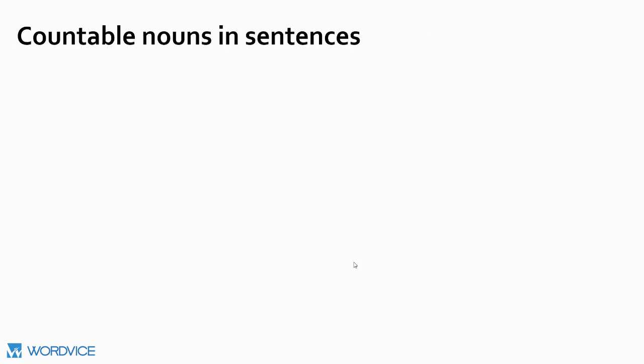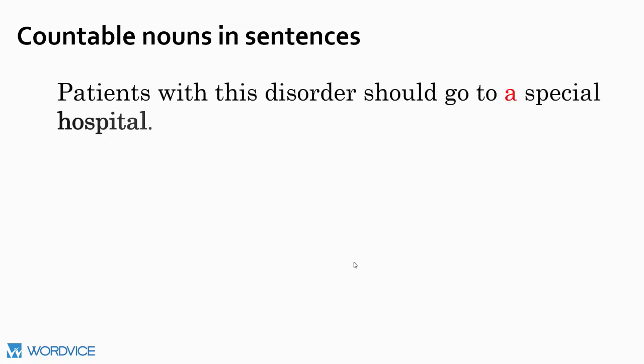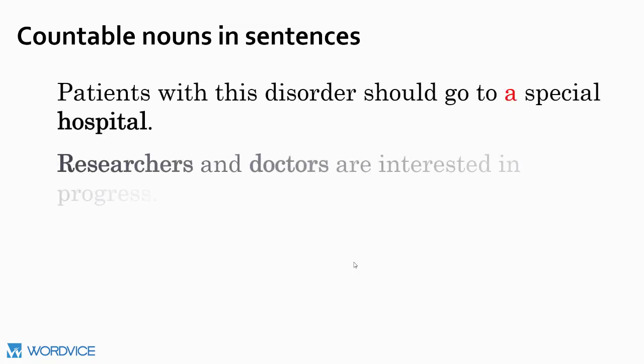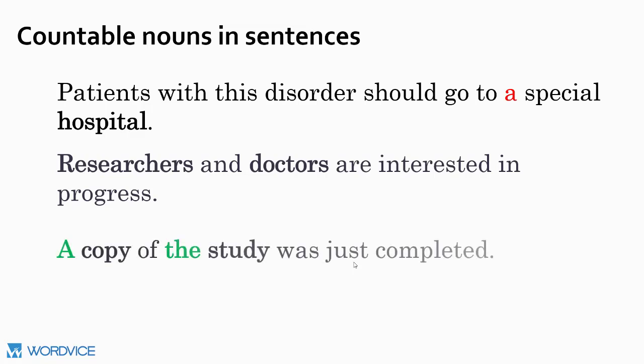Now let's take a look at some countable nouns in sentences you might encounter in research papers. Patients with this disorder should go to a special hospital. Researchers and doctors are interested in progress. We're not referring to any specific researchers and doctors, but researchers and doctors in general. A copy of the study was just completed.